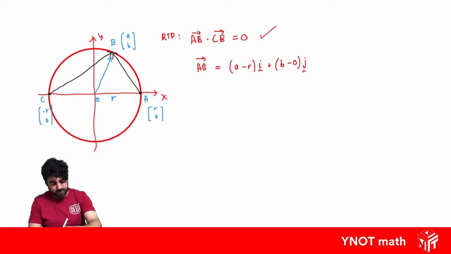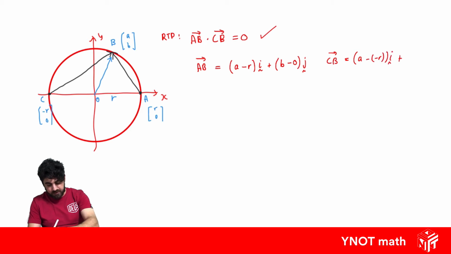And you can do the same thing for CB. So it's important, the order of this. So for CB, we're taking the components of B. So it's going to be (a + R)i, and we're going to have plus (b - 0)j.